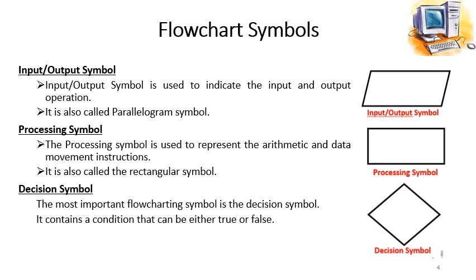So if there is a conditional statement inside our program where the program may have a true output or a false output, that kind of conditional statement will be represented by this decision symbol, or any operation which results in true or false.